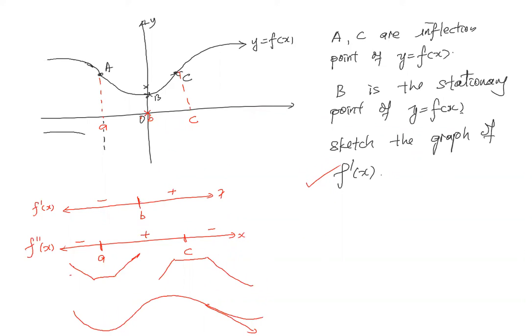There is some place somewhere here. It will go like that, and it will go up, pass by this point. From here onward is positive, so you will go up. Then after that, you will go like that. So this is your y equal to f prime x. You can try.